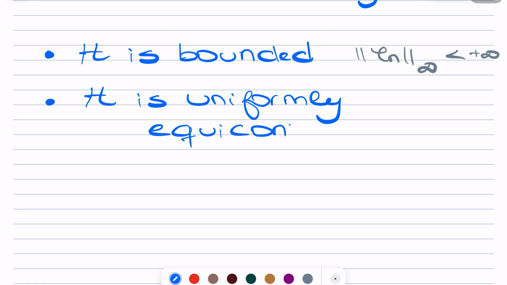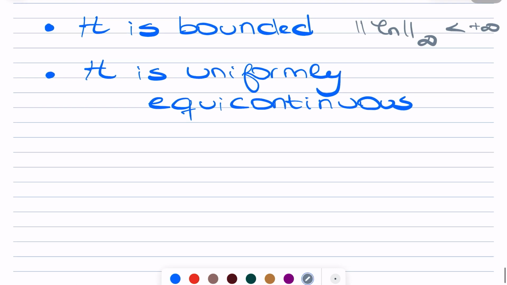So you have equicontinuity of H, but this actually follows, if you want to check it, from the continuity of the Vn.